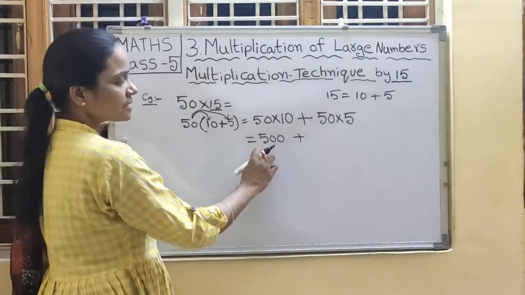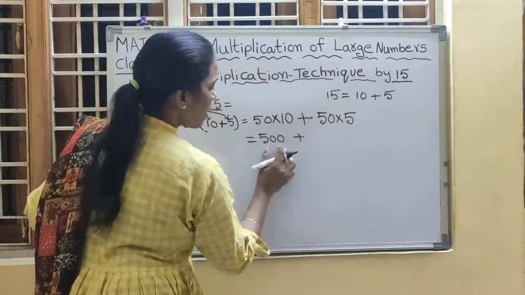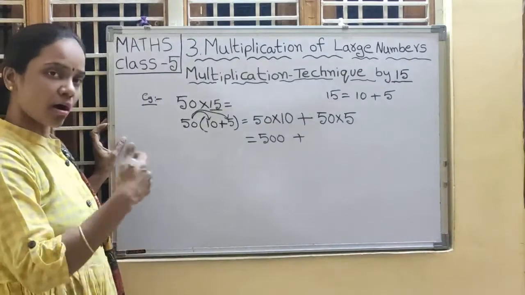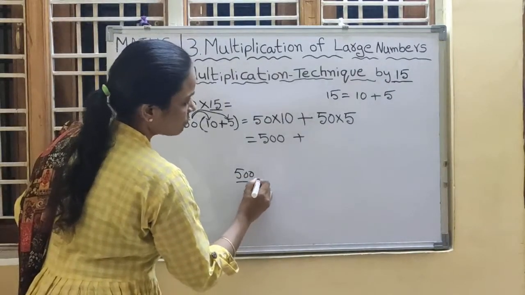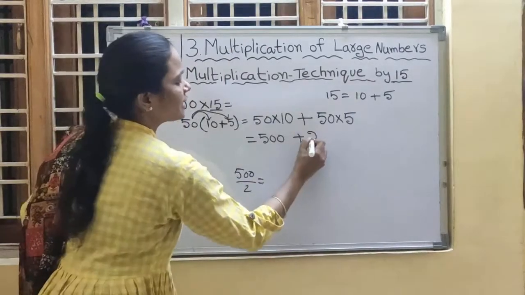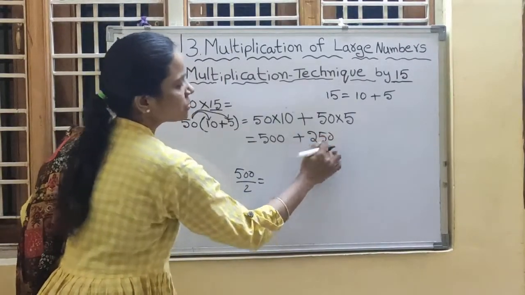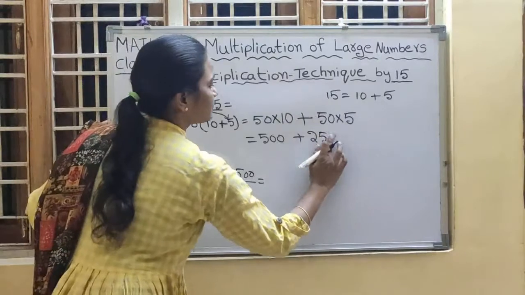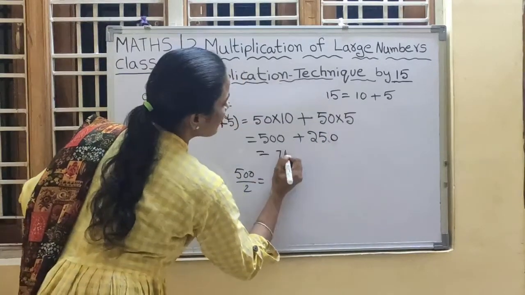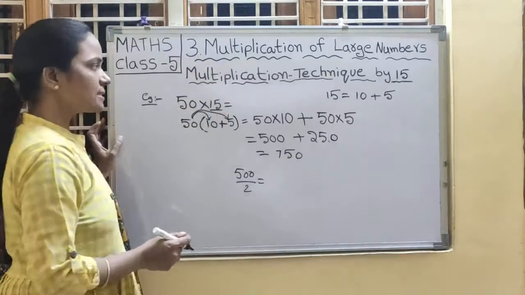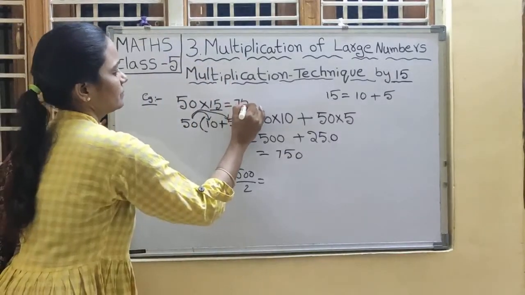So what is here answer? 500. So half of 500. Half of 500 means 500 by 2. How much? 250. Its value is 250. Now add these two, it is 750. What is the answer? 750.